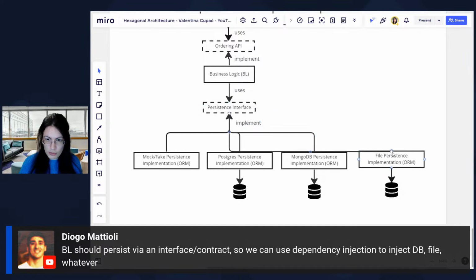And I like the comment here about dependency injection. That's exactly correct.